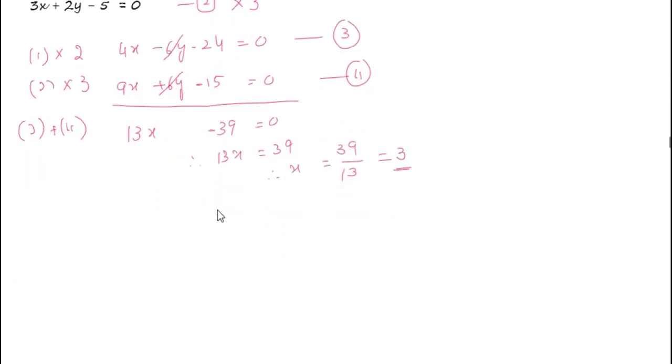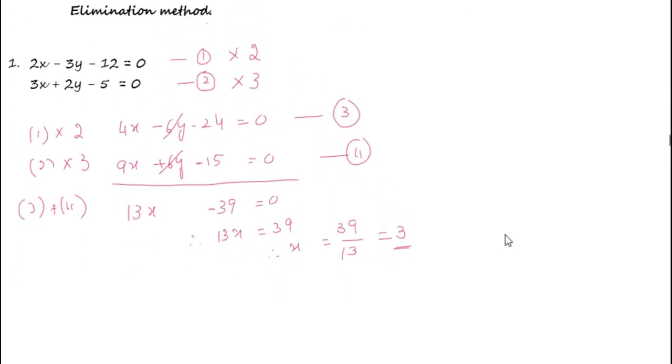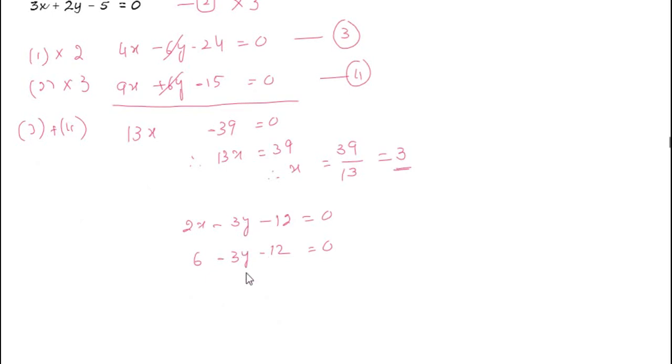Now you substitute the value of x in one of the original equations. So this is 2x minus 3y minus 12 equal to 0. Now x is equal to 3, so 2 into 3, 6 minus 3y minus 12 equal to 0. So 3y I will take to the right side.